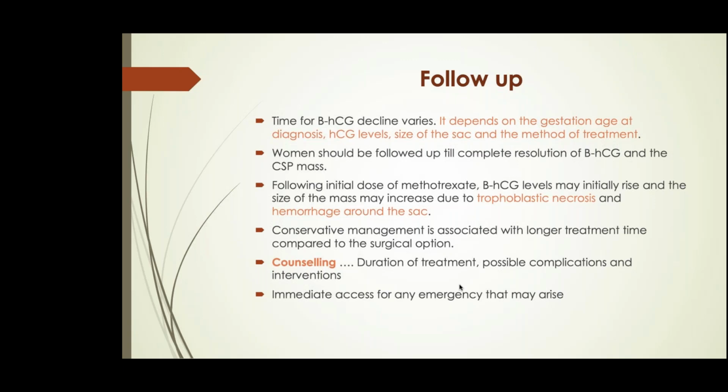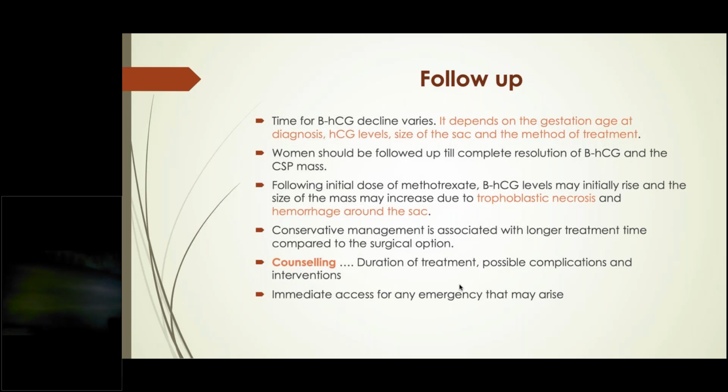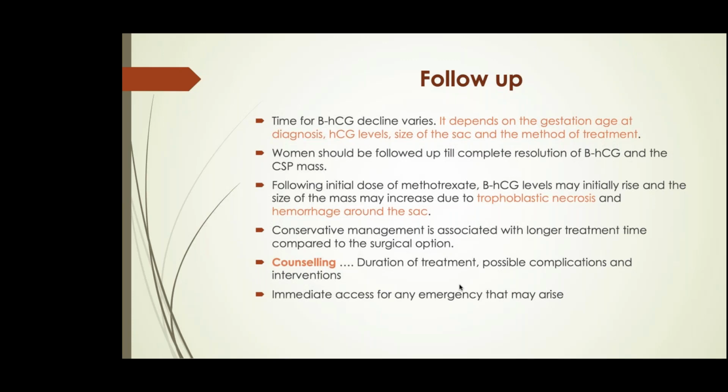If anything happens, she should contact you. I do this with my patients. If any problem happens, if any significant bleeding, call me and go straight to the hospital. The hospital and hospital staff in general should be familiar with the treatment of this patient. So the patient, if she comes to them in an emergency, they know what they are facing and they know what to do with her.